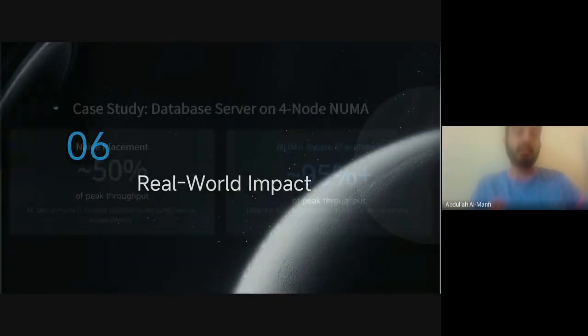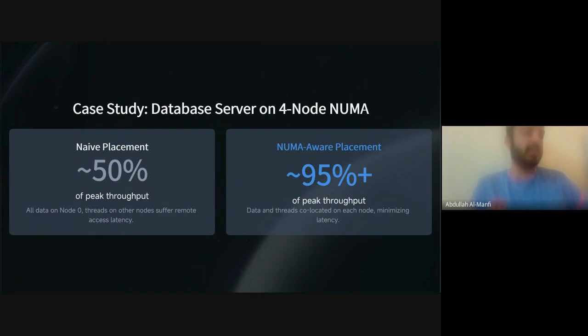Real-world impact. These ideas have a direct impact on real systems. Consider a database server running on a 4-node NUMA machine with naive placement. If most data sits on one node while threads run across all nodes, throughput may drop to around half of the peak because of the remote latency.